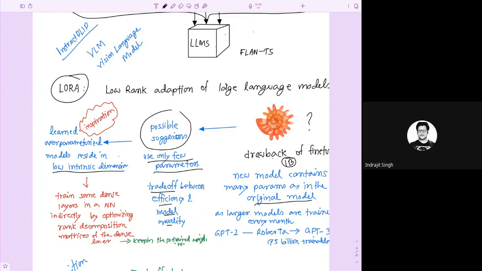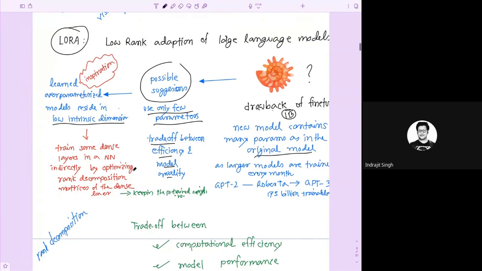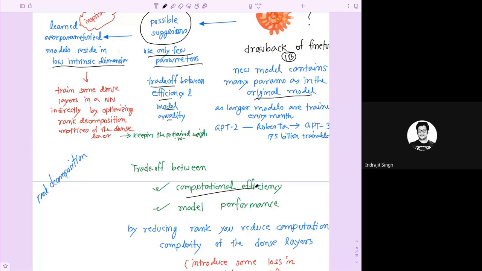So you are basically using a filter method of what to fine tune and what not to fine tune. But remember that this is also bringing a trade-off, right? The trade-off between computational efficiency and model performance.